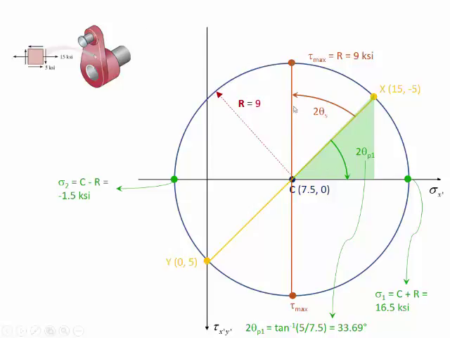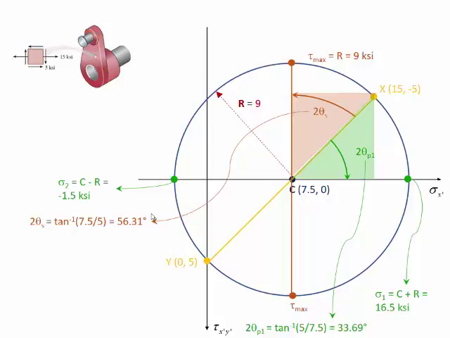The tangent of this angle is this distance, 15 minus 7.5, divided by this distance here, which is 5, given by that triangle. We find that 2 theta s is 56.31 degrees, which divided by 2 is 28.15 degrees.